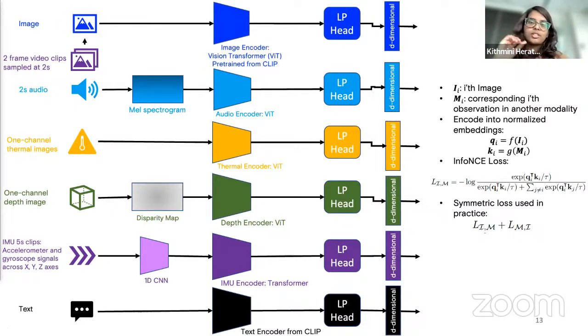This is what's used in contrastive learning. When you use this, you would get a good embedding space, which would have similar features coming from different modalities clustered together. They use it as a symmetric loss, so they do this for both IM and then MI.